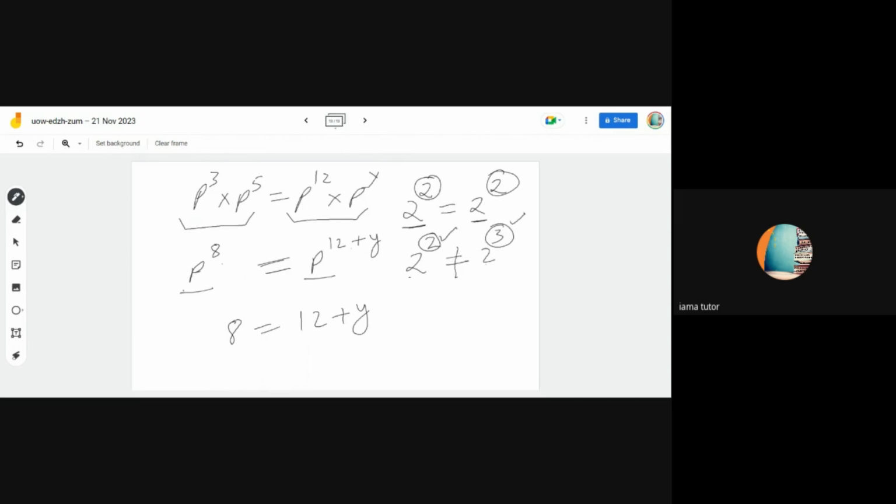Now simply, y will be 8 take away 12, which is minus 4. So our answer is y is negative 4. This is how you are going to deal with any sort of question in indices.